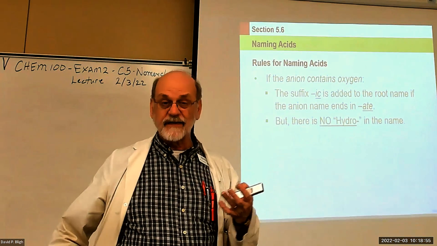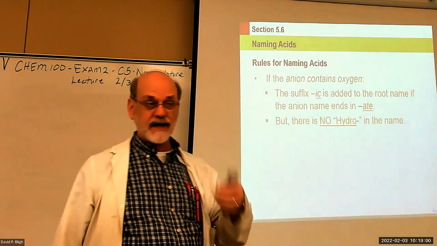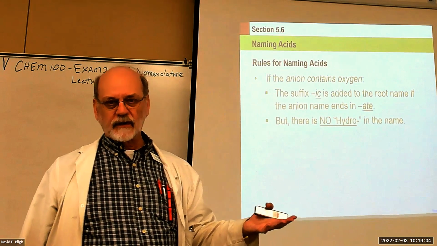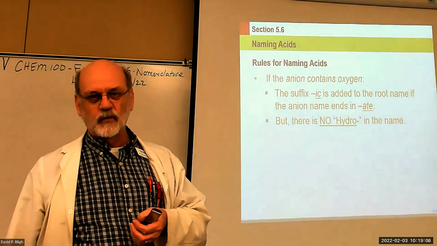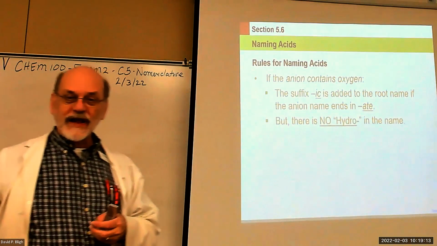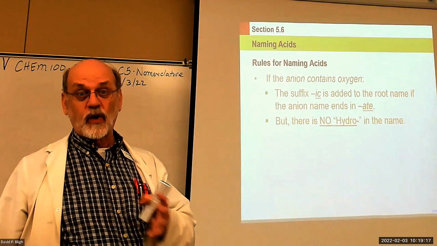That's the only way you can get it in there, along with something else. Because if we put just hydrogen and oxygen together, we get a polyatomic hydroxide. Well, except for water. Water is a special case. So we don't name water according to the acid convention. It's just called water.